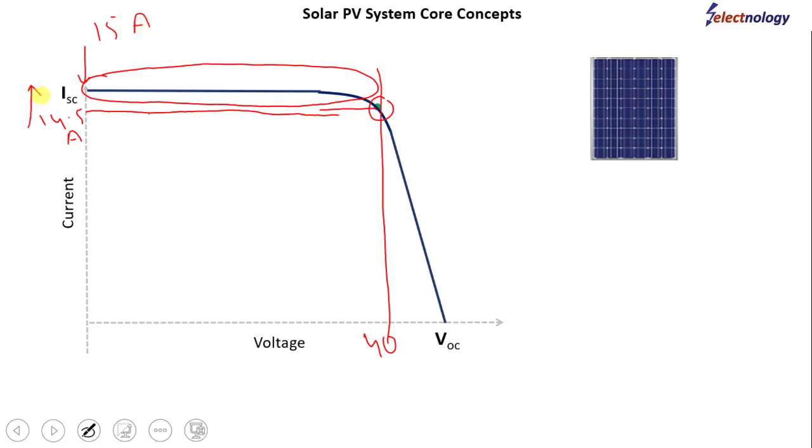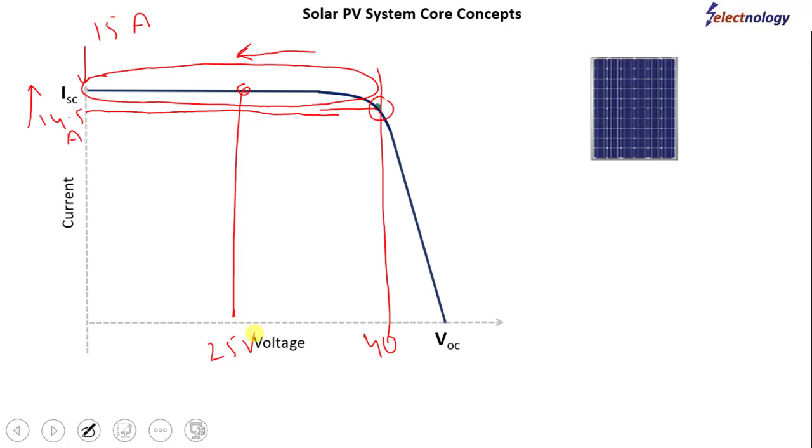However, we can see the voltage at the terminals of the PV module is reducing. Let's assume we are at this point. This point means the supplied current is close to 15 ampere, but the voltage may be, let's say, 25 volts. And these are the characteristics of the PV module.